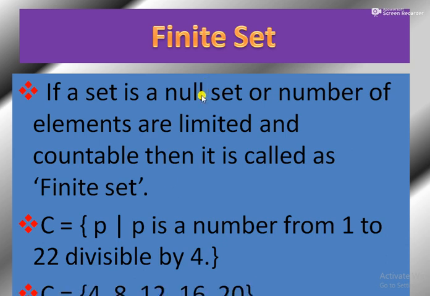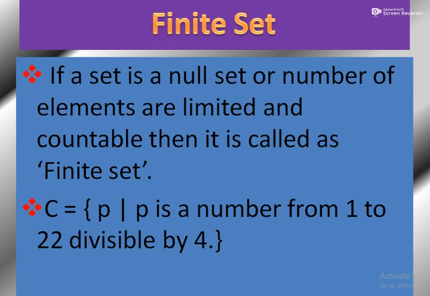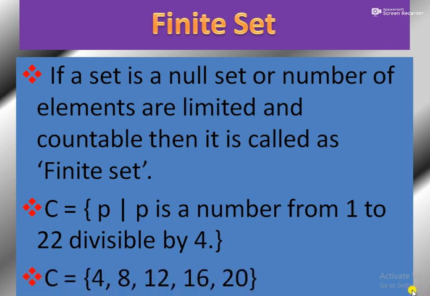C equals 4, 8, 12, 16, 20. That's all. So there are only 1, 2, 3, 4, 5 elements which we are able to count. That's why this is a finite set, because the number of elements we can count.